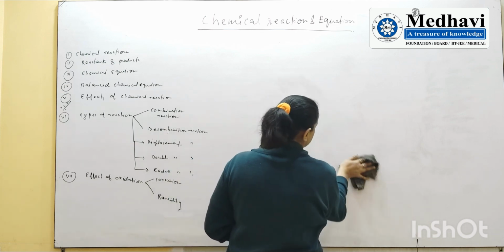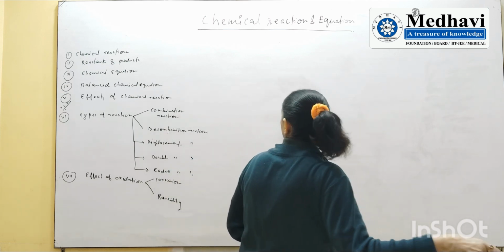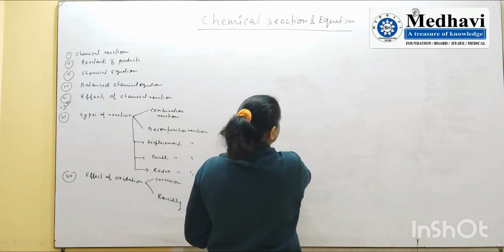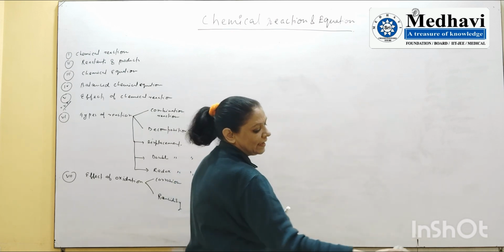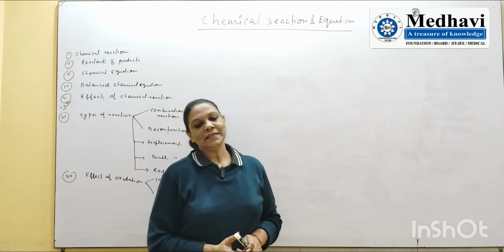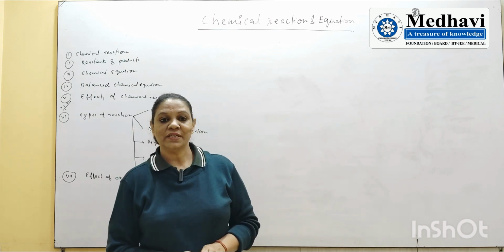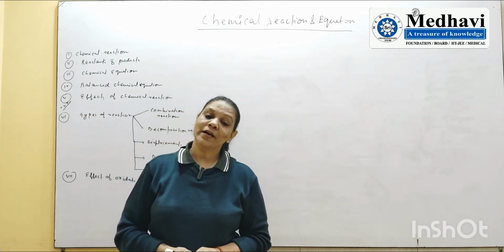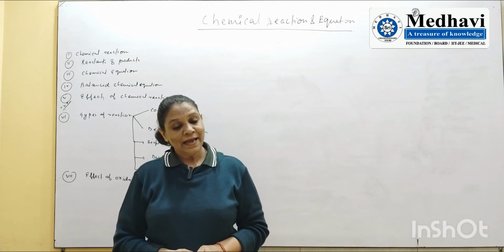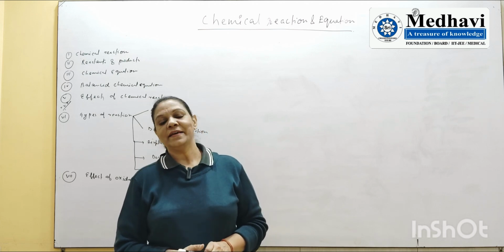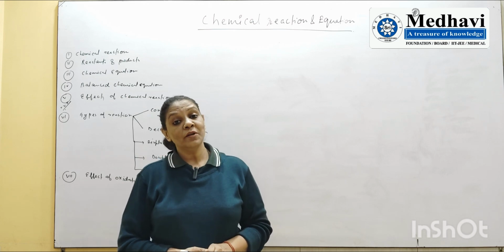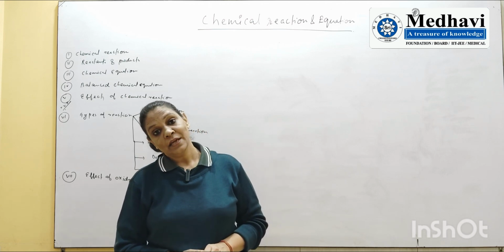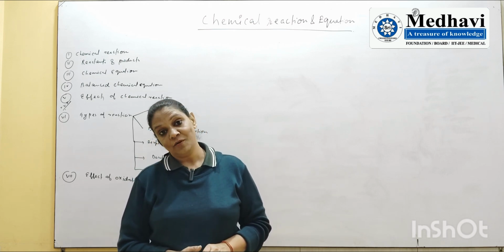So the first point that we have to focus, what is chemical reaction? What do you understand, or how will you explain chemical reaction? You can say chemical reaction is a process in which new products are formed. And in the chemical reaction, old bonds are broken, new bonds are formed.